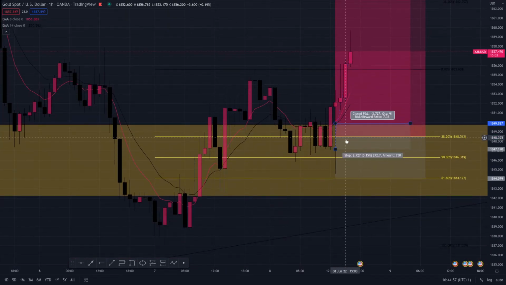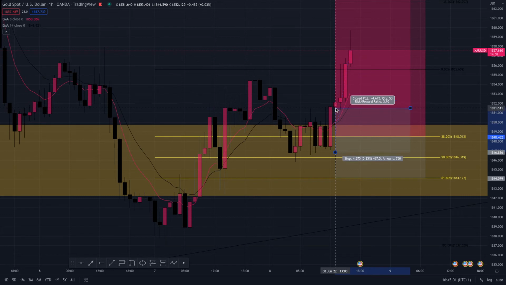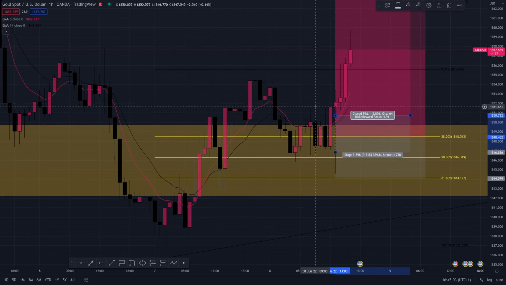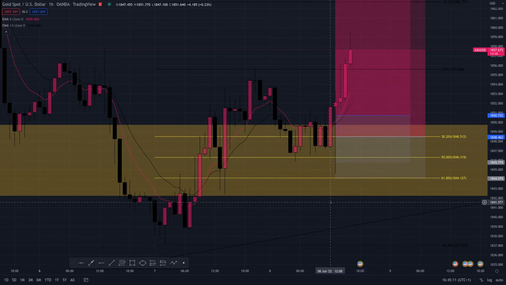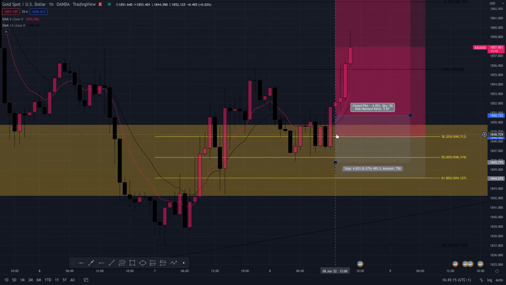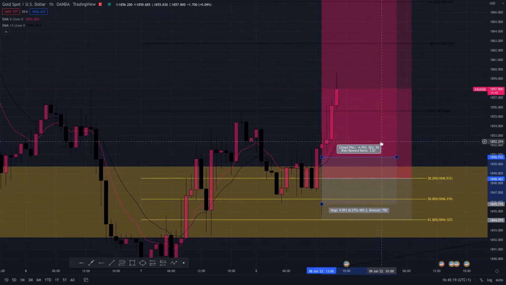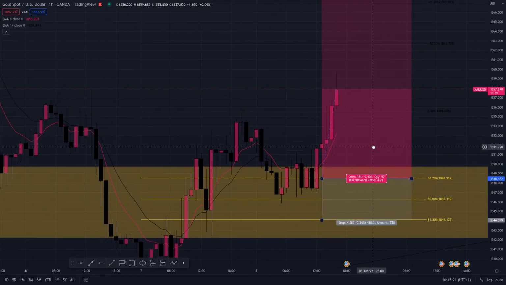But what happened was I had it below the previous low, and on the New York Open, price moved all the way down, hacked me out, so I got stopped out, lost 1%, and then I saw that there was a huge rejection candle.